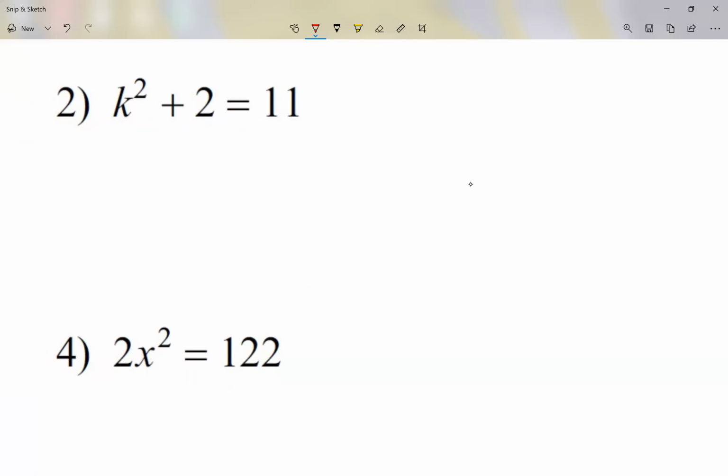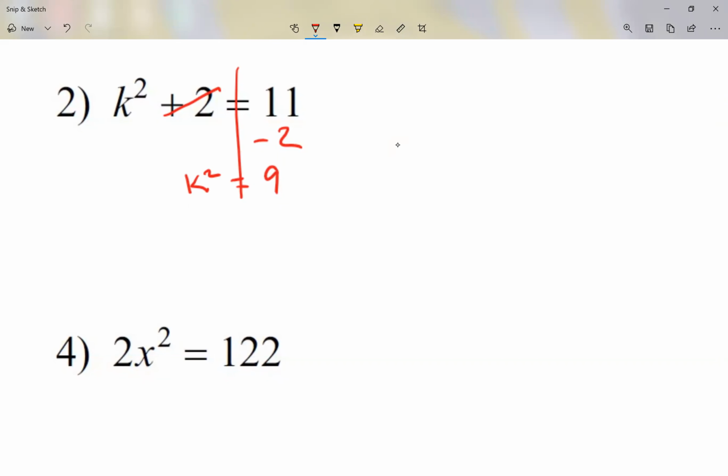Let me get the k squared by itself. Let me separate my sides through the equal sign. I want to have the k by itself. So the plus 2, I'm going to move it to the other side as a minus 2. I know plus and minus are opposite operations. So I moved it to the other side as a minus 2. So that gives me that k squared is equal to 9, right? 11 minus 2 is 9.